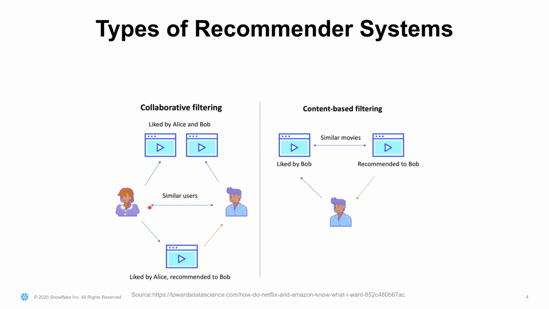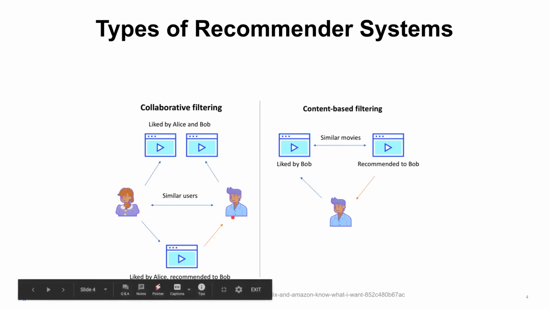So let's say I have ratings from Alice, and Alice liked these 2 movies. Because I can tell from the data that Alice has similar tastes to Bob, I can then recommend movies to Bob as well.